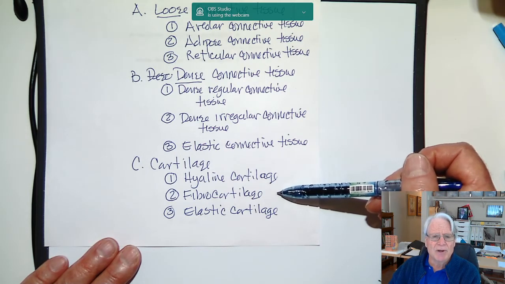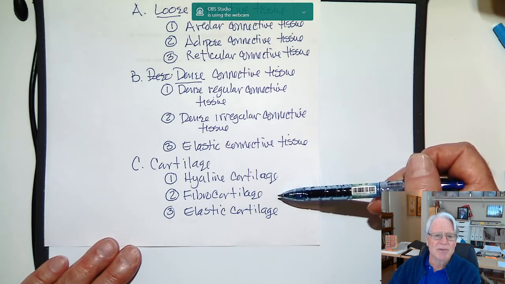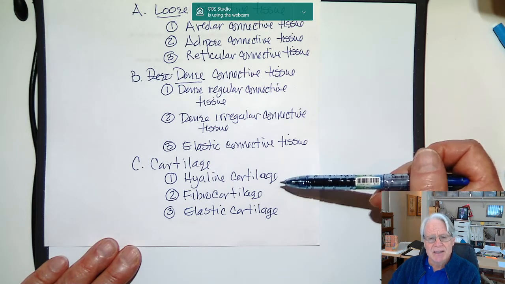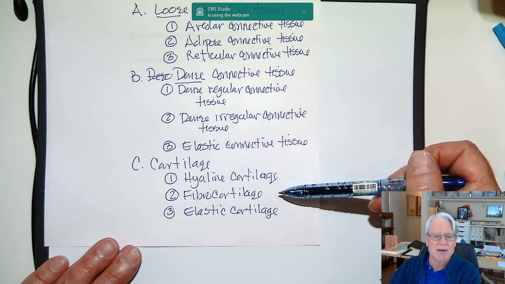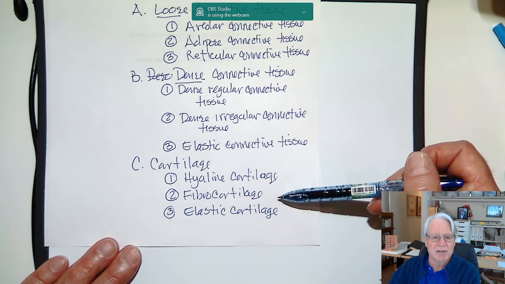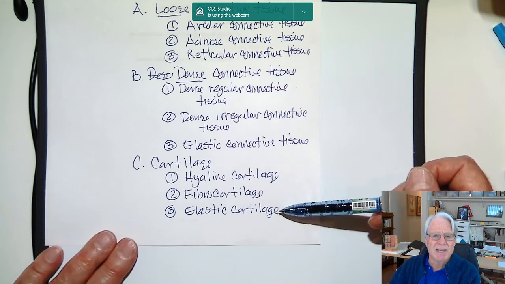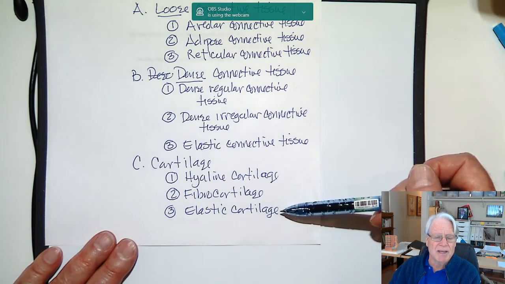Here with fibrocartilage, we're going to increase the collagen dramatically, and we have a very dense structure of collagen fibers in the same ground substance, but now a lot of fibers, and that gives us a very tough material. And then we have elastic cartilage. And again, we're changing the fiber and the density.